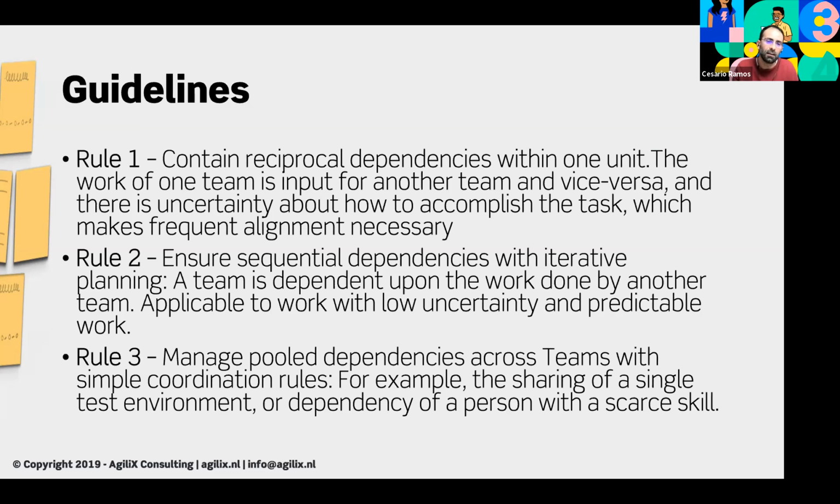Maybe you can just have a simple coordination rule here. Maybe you can have a project manager who you can ask to say, well, in 3 months or in 2 months, we need a guy from legal, or whatever it is, that specific dependency. And he can then manage that because it's certain and it's not very critical.